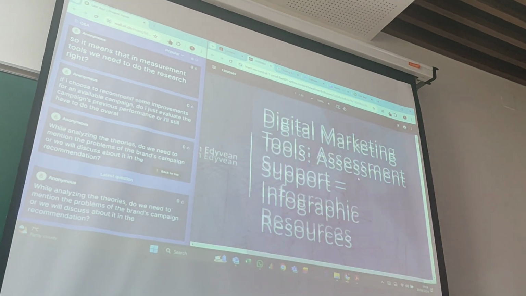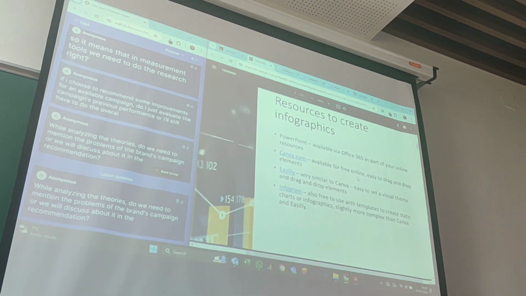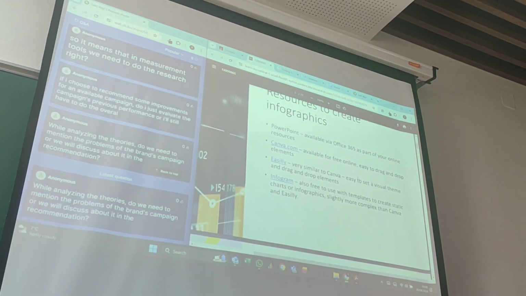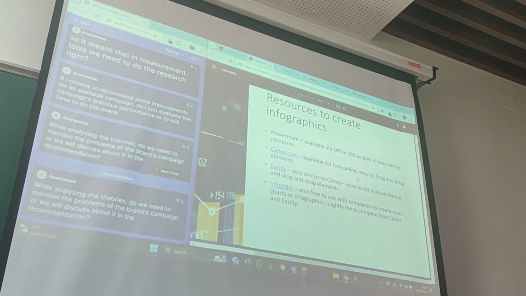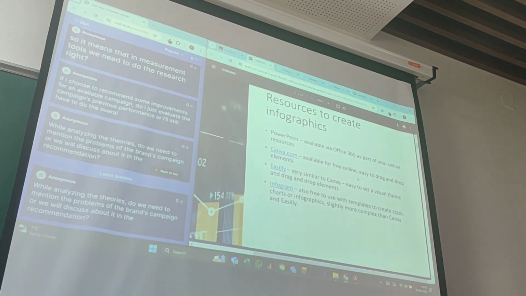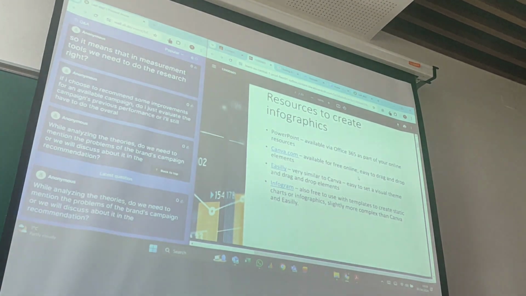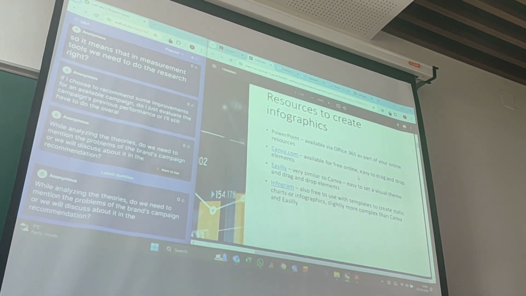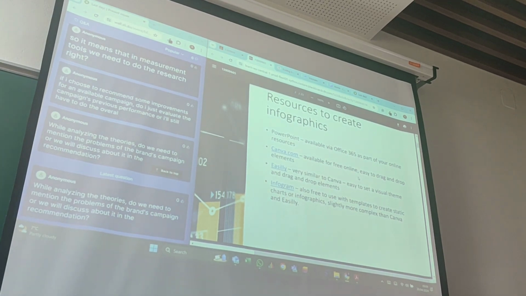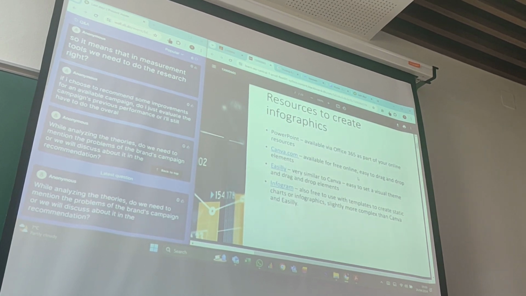In the assessment support area, there are some infographic resources and advice on how to use them. You could do the whole thing on PowerPoint, that would be fine, but you can also use canva.com, a website called Easily, Infogram, or another one of your choice. Just understand that we won't have full support for another one of your choice, but if you want to use another one, you can.